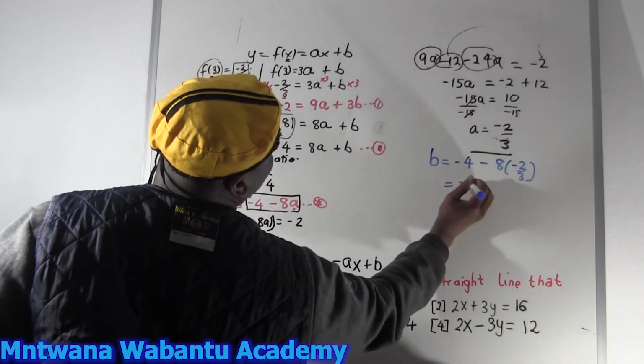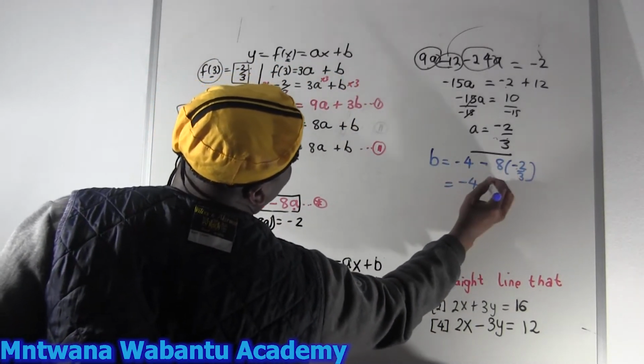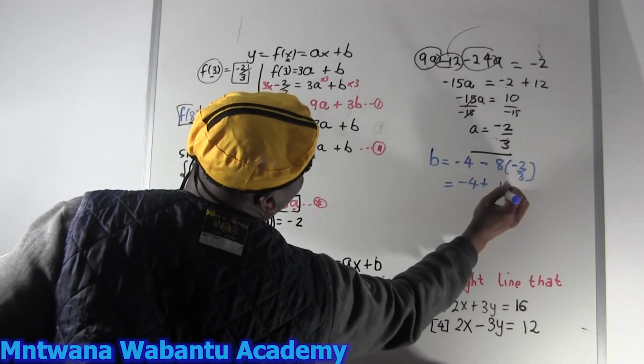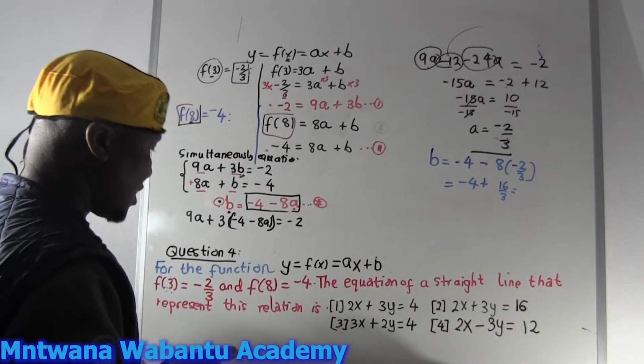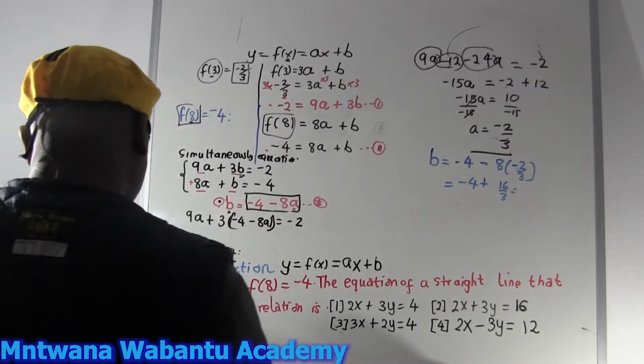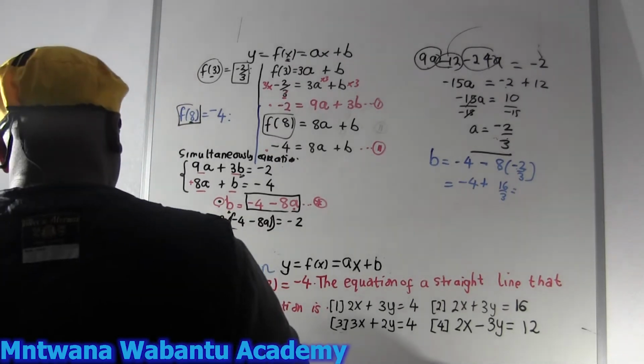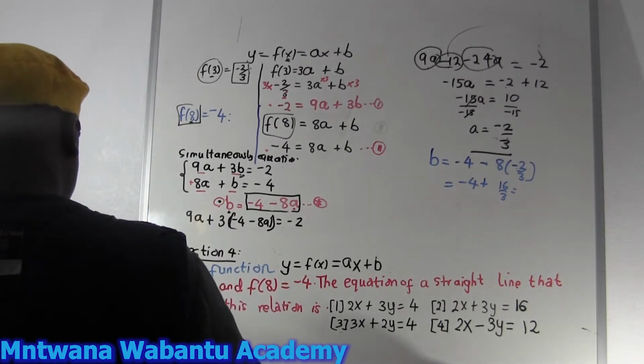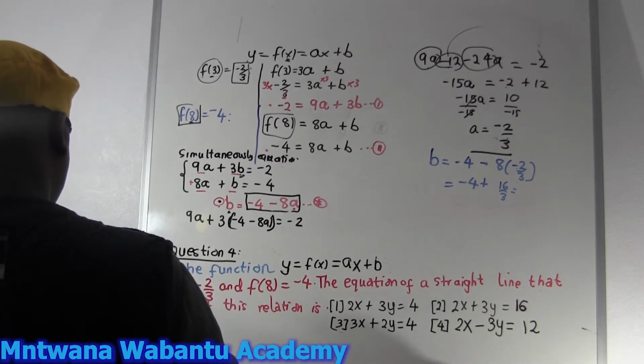So b is going to give negative 4 plus 16 over 3. Check the calculator: 4 plus 16 over 3.